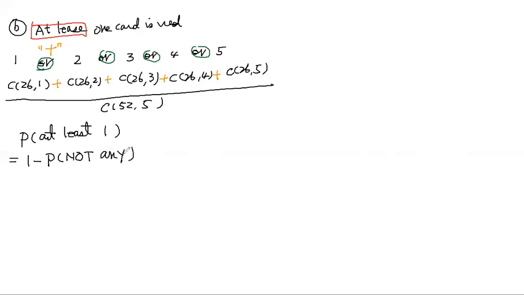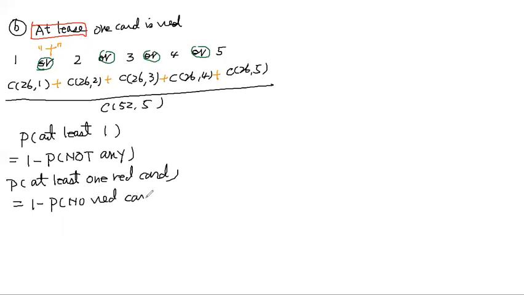So here, we can interpret at least 1 car, at least 1 red car. Let's see how it simplifies. I can say it is 1 minus the probability of no red car, right?